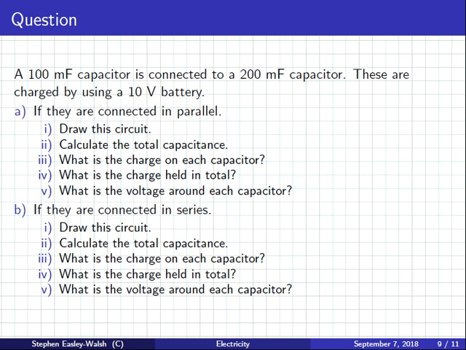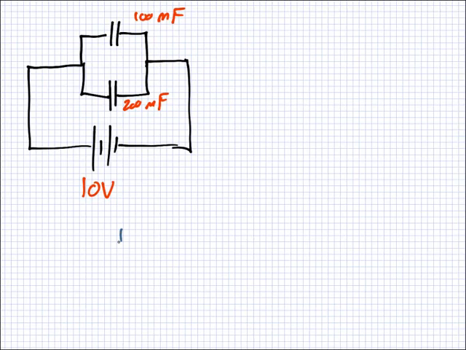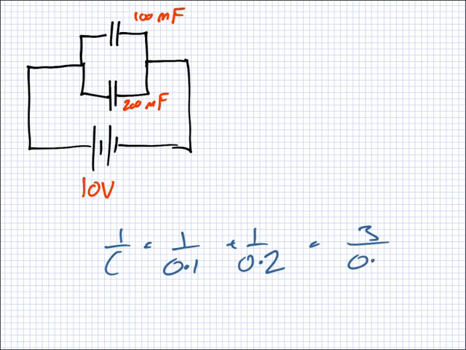Let's calculate it. 1 over C equals 1 over 0.1 plus 1 over 0.2, which equals 3 over 0.2. So C is 0.2 over 3, which is 1 over 15. Oh yeah, 1 over 15 farads.